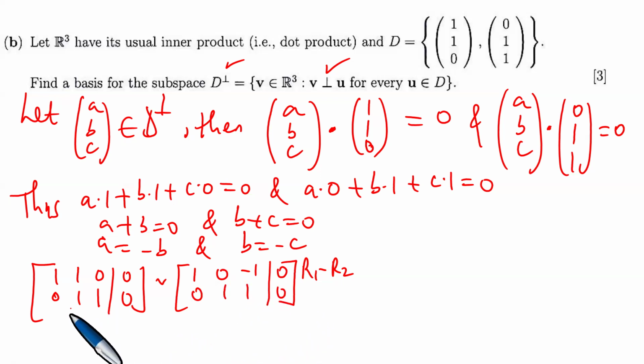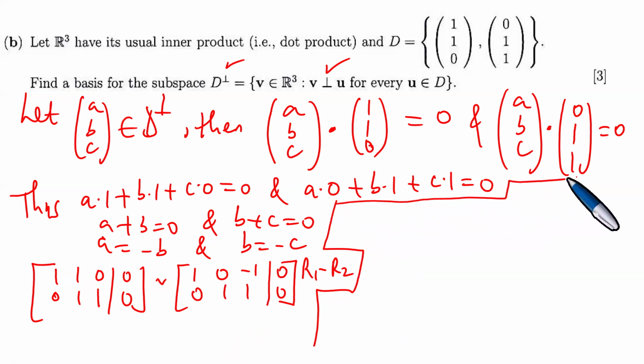Now, is this one in reduced row echelon form? Is there any reduction that is possible? There's no reduction that is possible here.